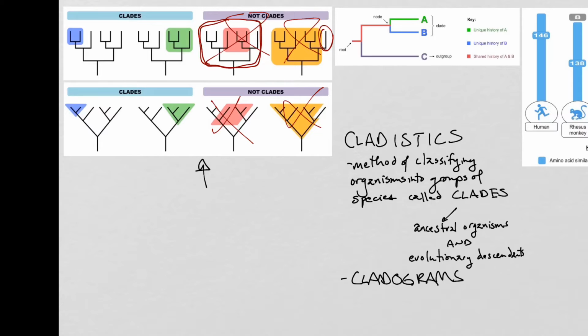So, a clade has a root. This is the ancestral organism. And at each point when something happened that caused a divergence in which one characteristic became successful and leads to another species, and another characteristic becomes successful and leads to another species, that node represents an ancestor.